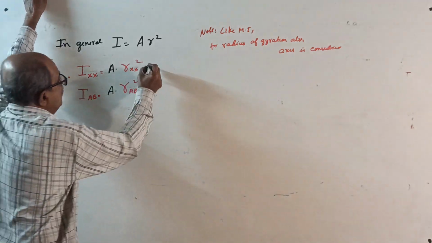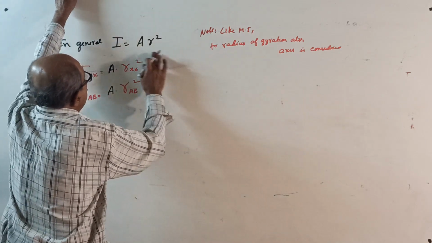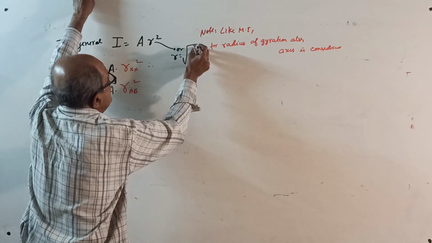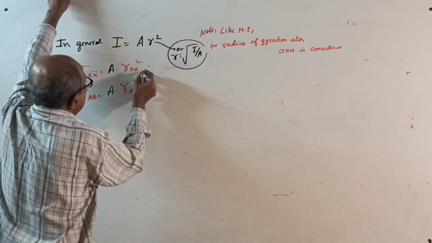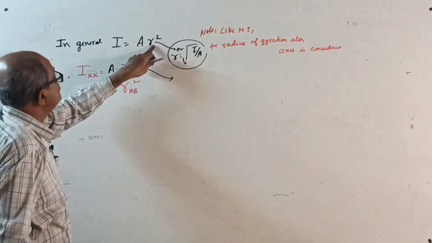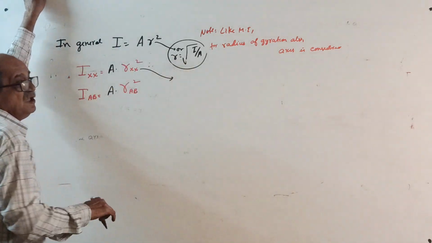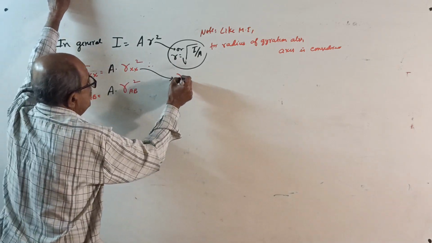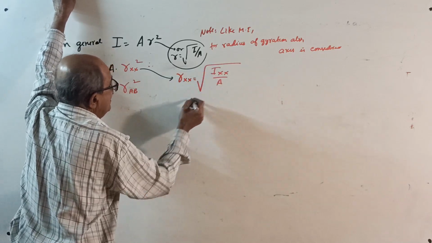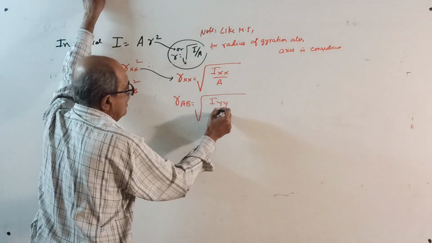Sufficient. Therefore, you replace what you get: when you write I equal to AR square, you can tell R equal to root of I by A. In general, R square equal to I by A, R equal to root of I by A. Or if you consider an axis, then R_xx equal to square root of I about xx divided by area, R_AB equal to square root of I about AB by area.